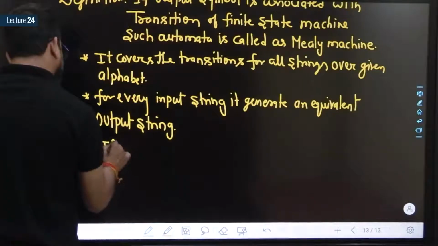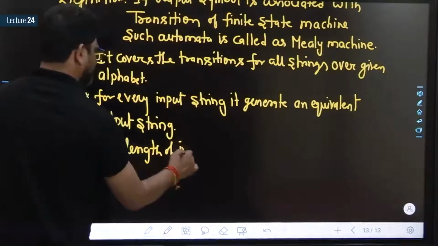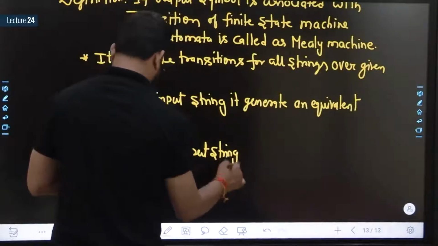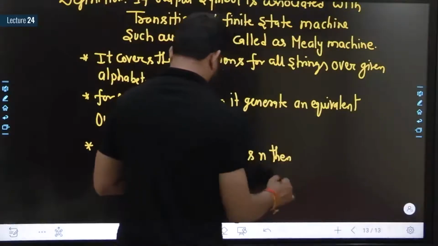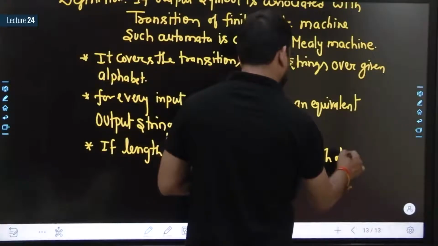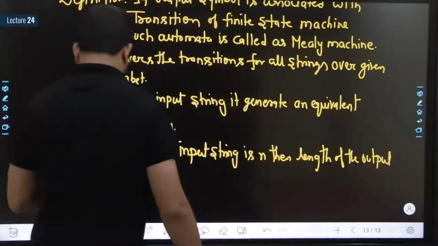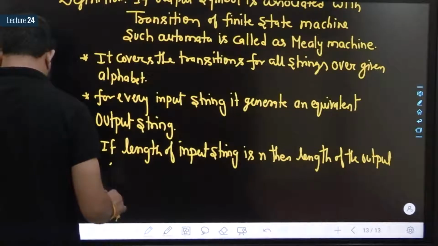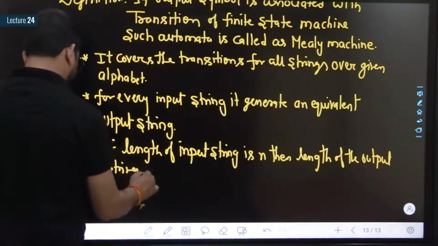If the length of the input string is n, then length of the output string is n.